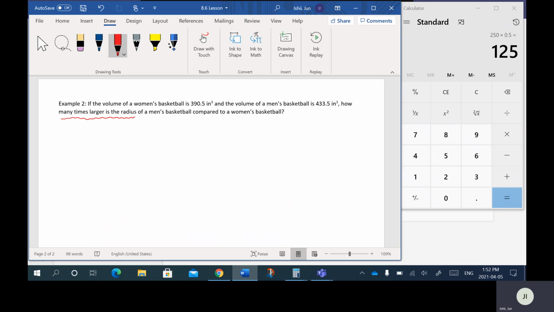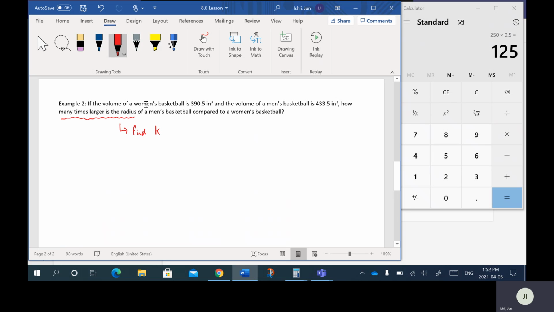The key thing here is that the radius is a one-dimensional measurement. So this question is asking you to find the value of the scale factor k, because we want to know how many times larger the radii are. But we're given the volume.